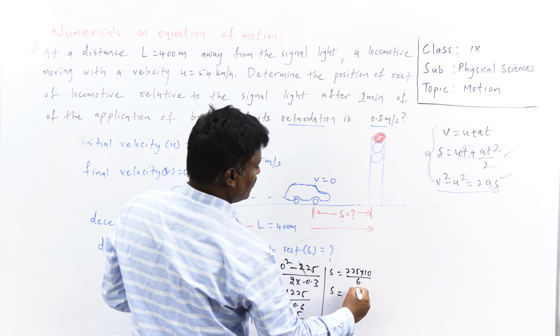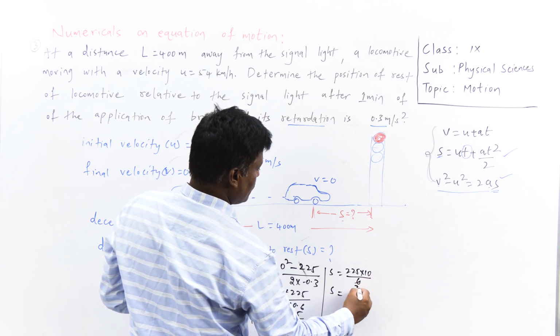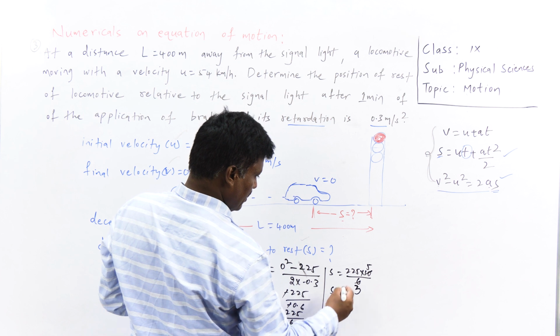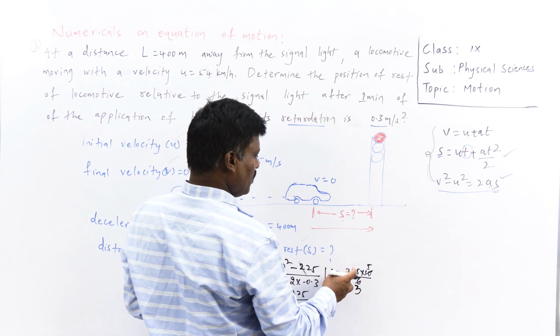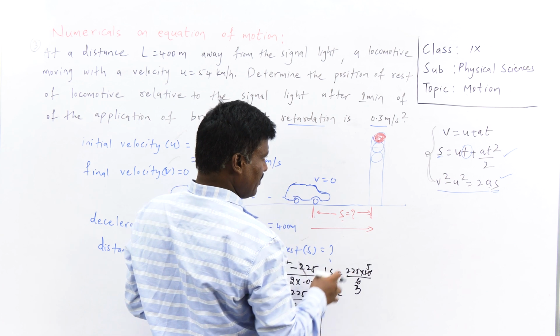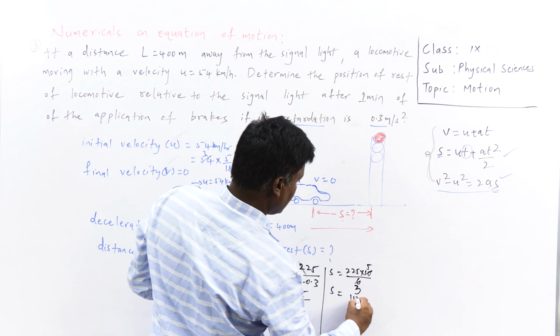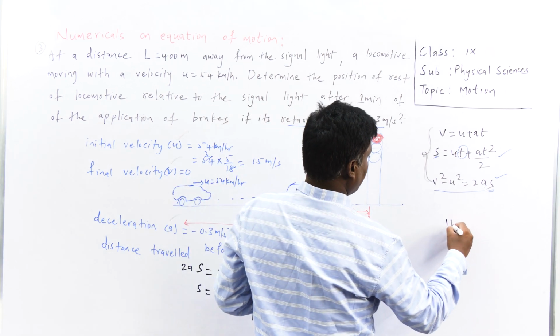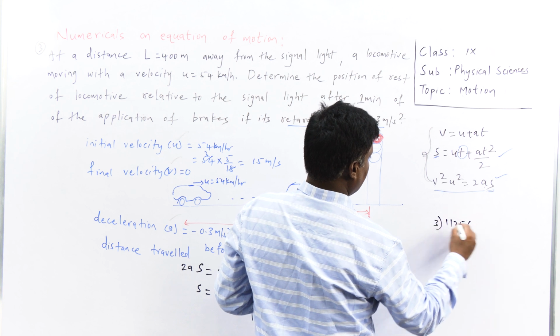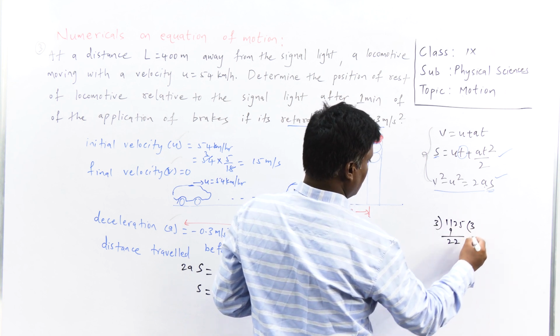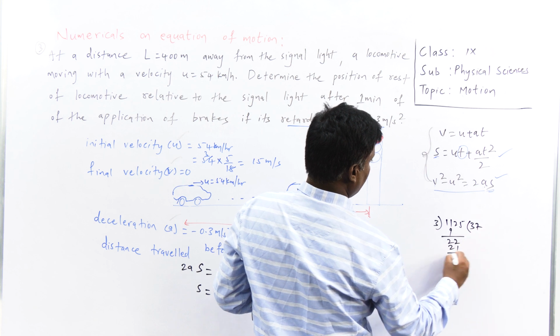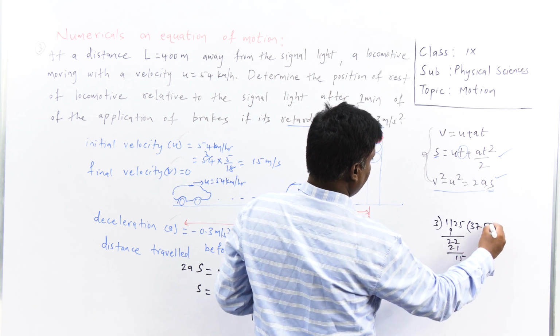Cancelling, 3 twos are 6 and 2 fives are 10. So now this is 225 into 5 divided by 3. 200 into 5 is 1,000, 25 into 5 is 125, so 1125 by 3. Now we have to do 1125 divided by 3. 3 threes are 9, 2 is left over, take the 2 down, 3 sevens are 21, take the 5 down, 3 fives are 15.